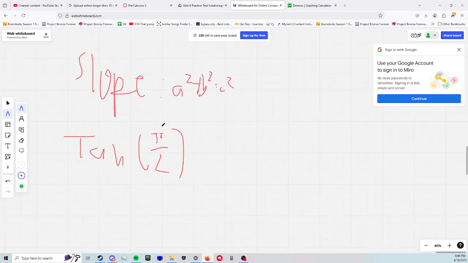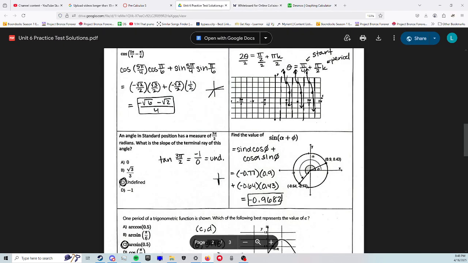It's (0, negative 1). Tangent is y over x. So negative 1 over 0 is undefined.